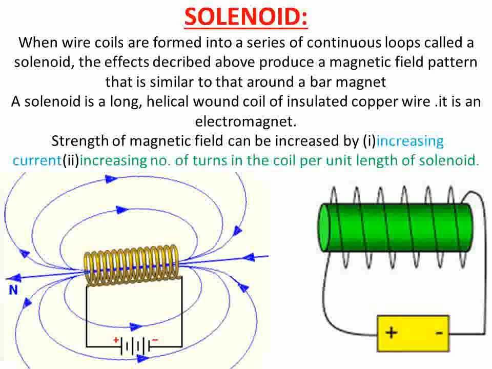If we want to produce a permanent magnet, then a steel piece is placed inside a solenoid and the strength of the magnetic field increases successively, so that north pole and south pole are generated.